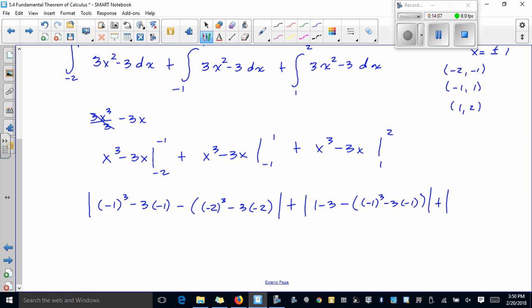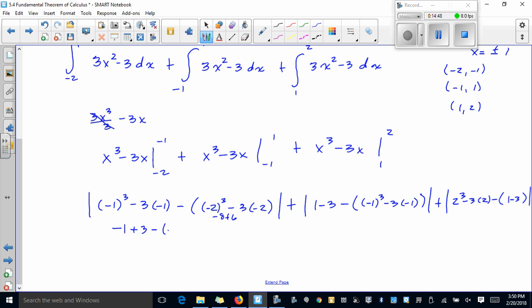And so I'm going to do each one of these separately, clean them up. So this one here, negative 1 cubed is still negative 1. Negative 3 and negative 1 gives me positive 3. Minus, and leave that in parentheses. This guy is negative 8 plus 6, so we're going to get a negative 2. So, yes, I'm going to leave those absolute value symbols on them. So I got negative 1 plus 3 plus 2.